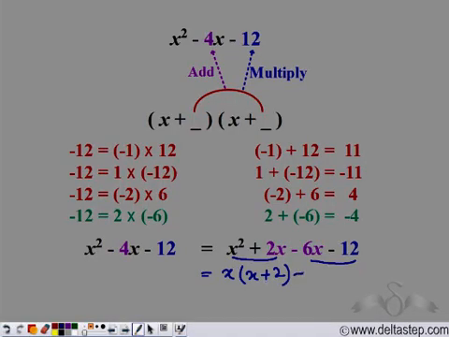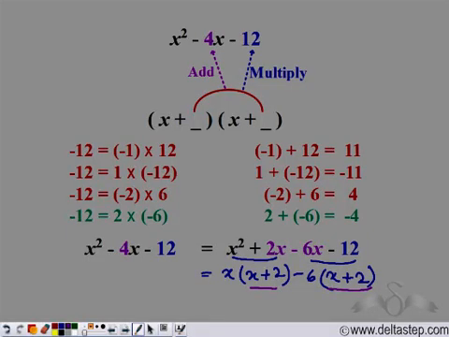So we will take negative 6 common and not 6. Once we take negative 6 common, we have x here and we have plus 2 here. So negative 6 common gives us x plus 2 inside the bracket. So x plus 2 is the common factor in these two groups.